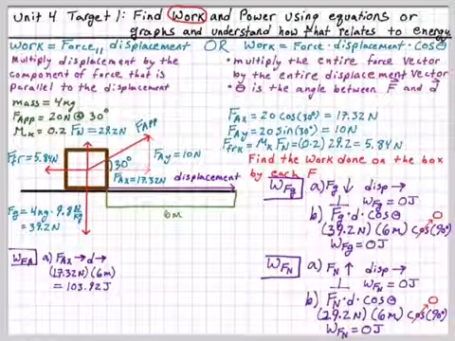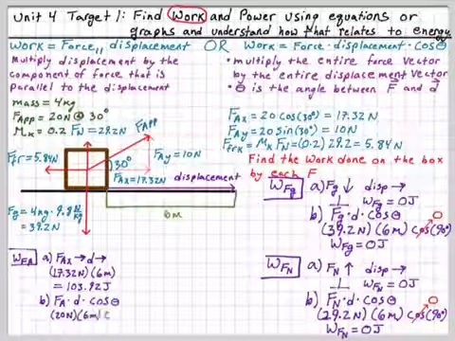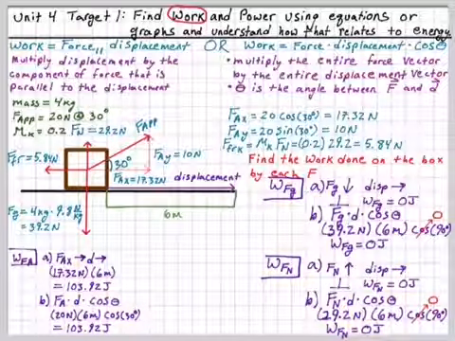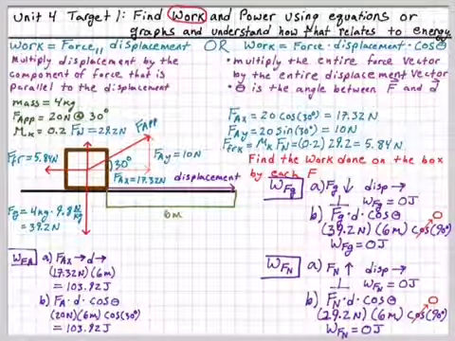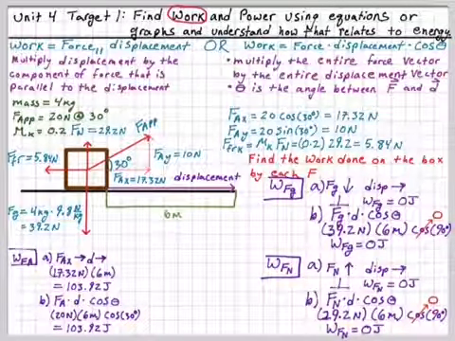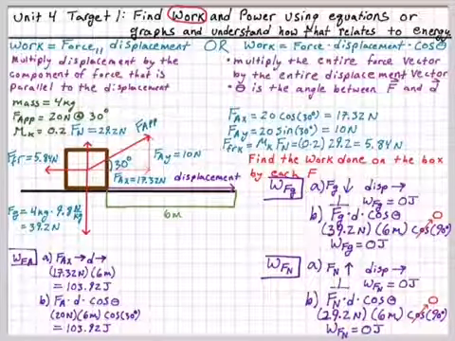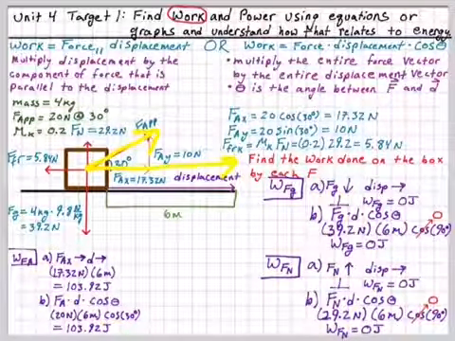Let's see that we can get the same result using the other equation. With the other equation, we're going to multiply the total force applied by the total displacement, and that's 20 newtons by 6 meters. And then we're going to multiply that by the cosine of the angle between those two. And we know that the angle between the applied force and the displacement is 30 degrees.